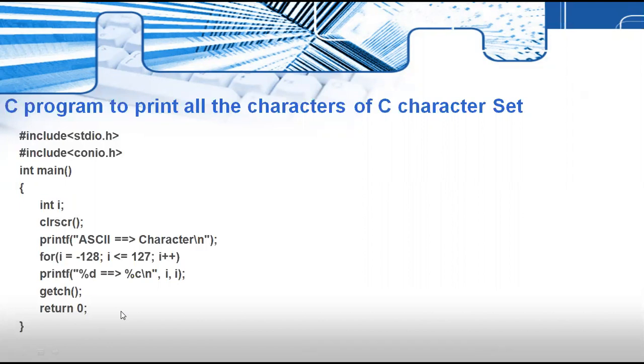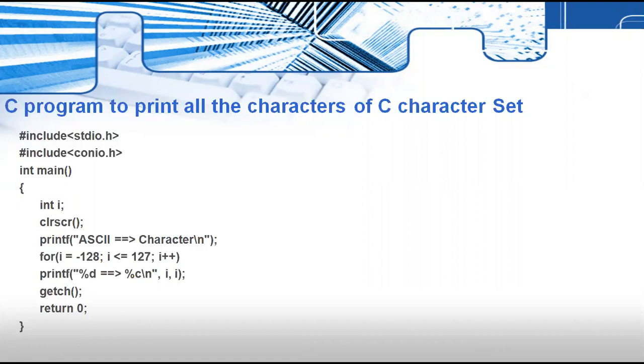Then after that I have taken one variable which is of type integer. I have cleared my screen, because I use the conio.h header file, so the clrscr function is a valid statement. Then I have printed ASCII values and character values as a heading.